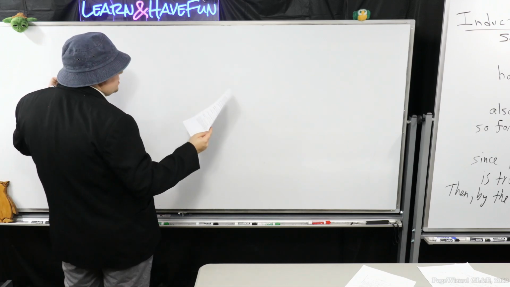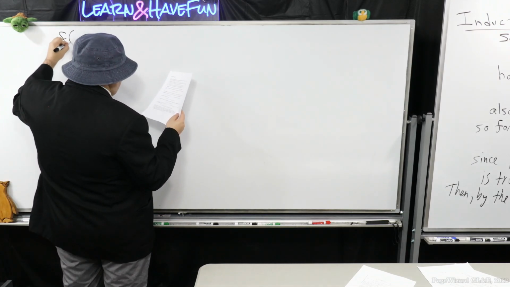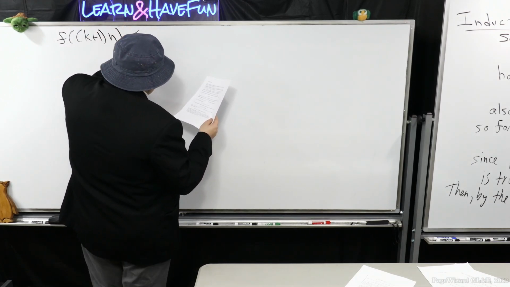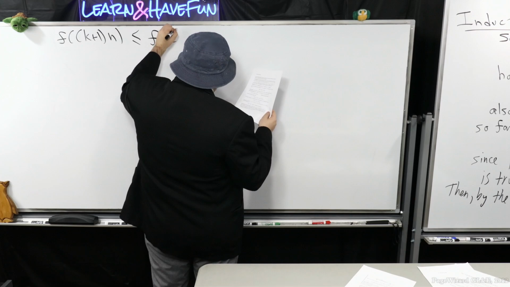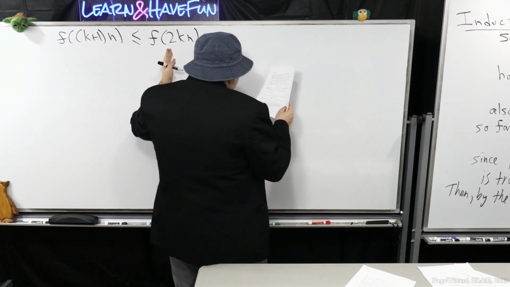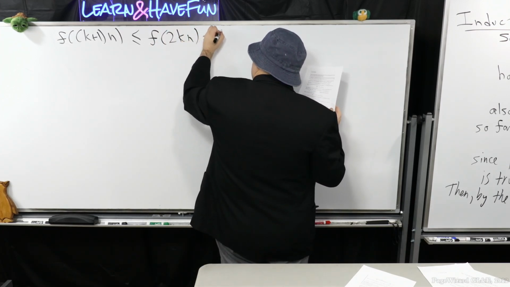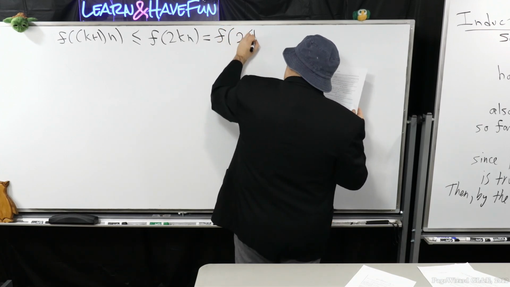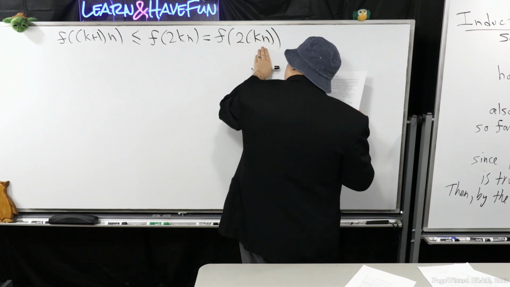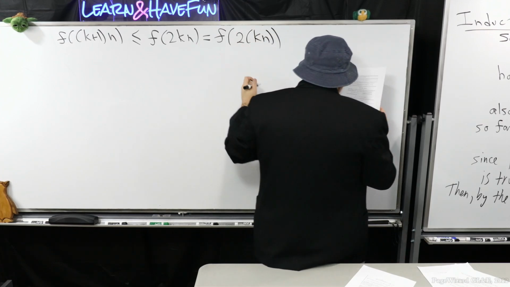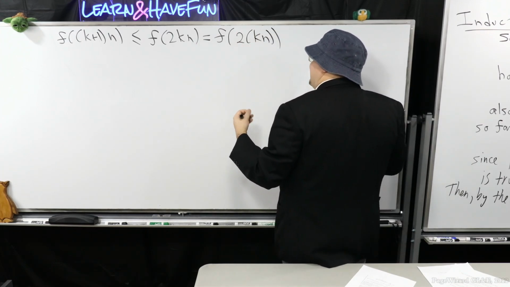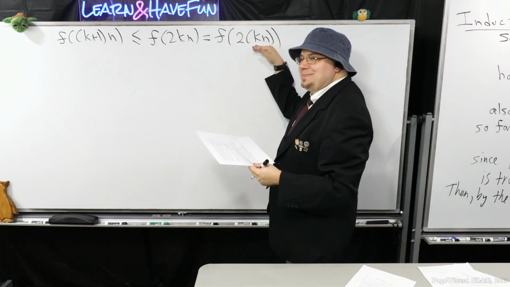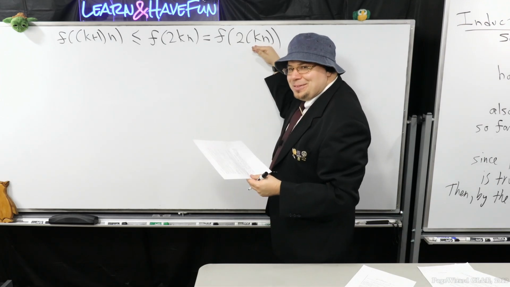So then by the smoothness of f, we get the following. F of k plus 1 times n is less than or equal to f of 2kn, which is equal to, I'm just going to rewrite it in a way that's a little bit easier for you to see what's going to happen, 2 times kn. But I'm putting the kn together and I'm multiplying it by 2. But here's the thing. If I have the function, and suppose this is the input of that function, what can I say about this in terms of big O?